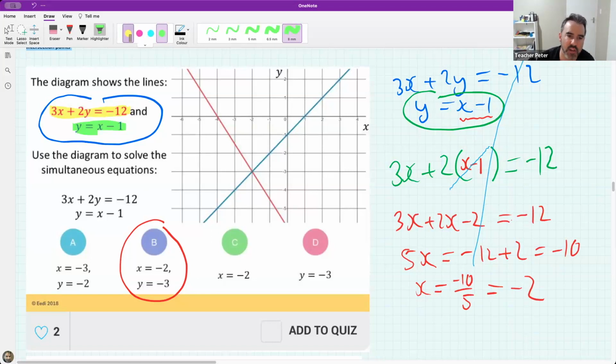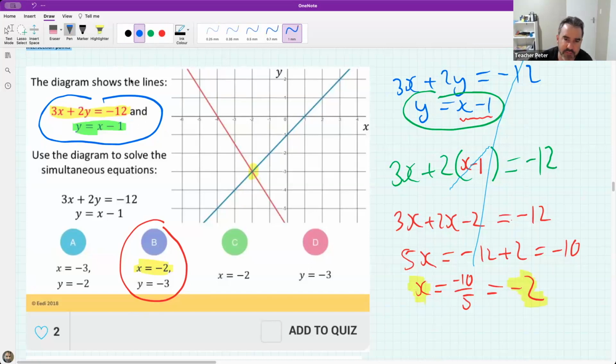Now, if you look at what the graph gave us, it was that x is -2. So you can find the intersection point or the simultaneous solution of two lines by either visually looking at where two lines cross and reading it off from the graph, or you can use simultaneous equations. You may say, but what about the y?